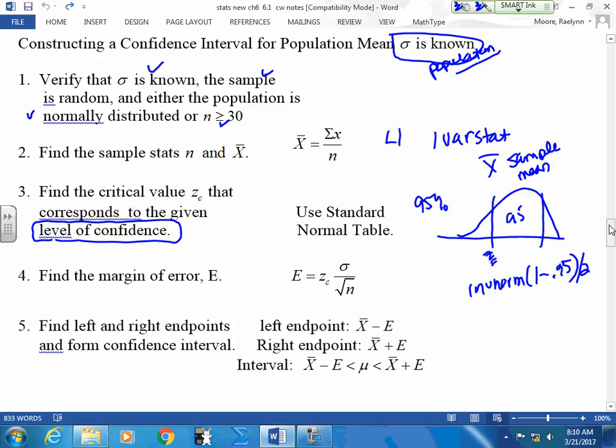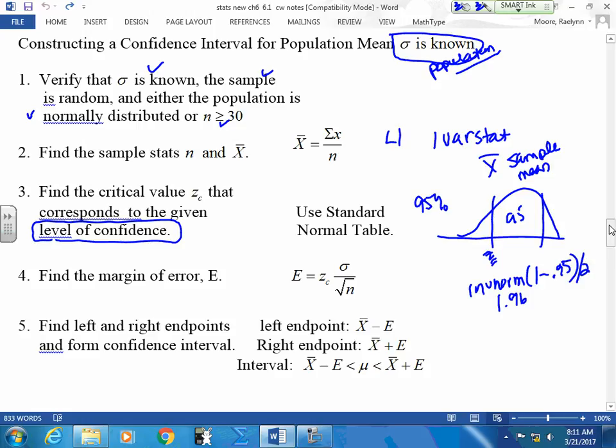And that will give us the zc, the z-score that corresponds to that confidence level. You're going to get the negative number, you want to make it positive. So if you get negative 1.96, you just use the positive 1.96. You also have a table. And every time you find a different confidence level, add it to your table.